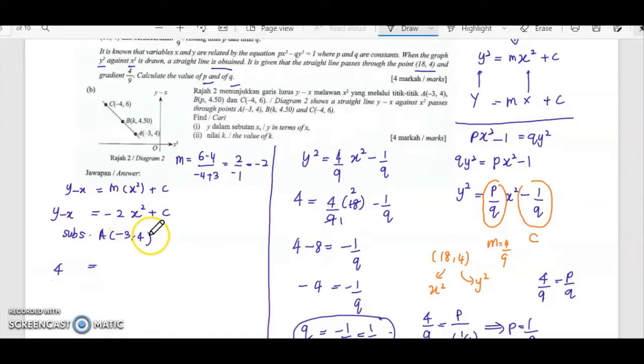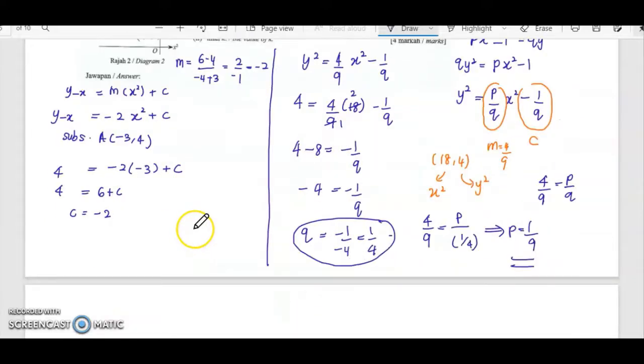Okay, dia bukannya y coordinate and x coordinate, because 4 is y over x, negative 3 is equal to x squared. Okay, so negative 2 and then negative 3 here and then plus c, and 4 equal to 6 plus c, and then we get c is equal to negative 2.